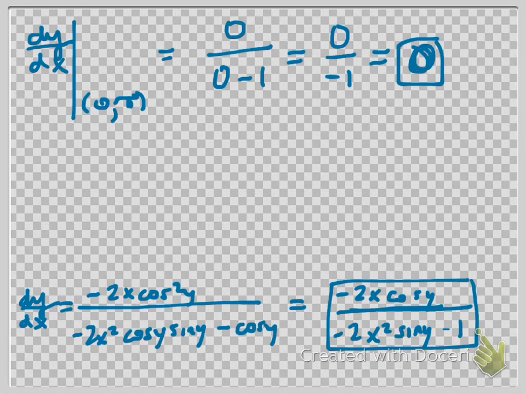So what is this we just found? This is my tangent slope, which means that my tangent line is horizontal. How do I write the equation of a horizontal line? y equals pi.